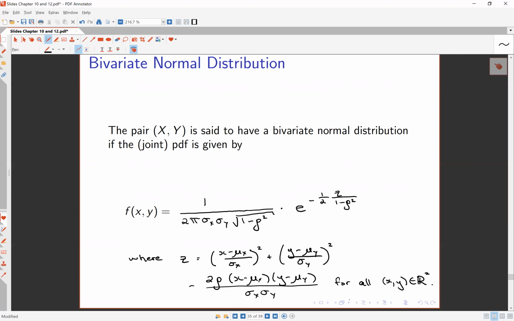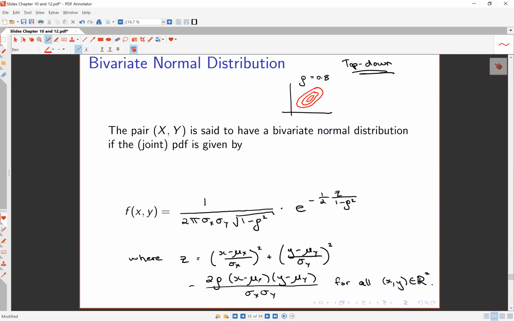If you could do a top-down view of this curve in 3 dimensions, what you would see, for example, if your correlation were 0.8, you would see these concentric ellipses if you did a top-down view.